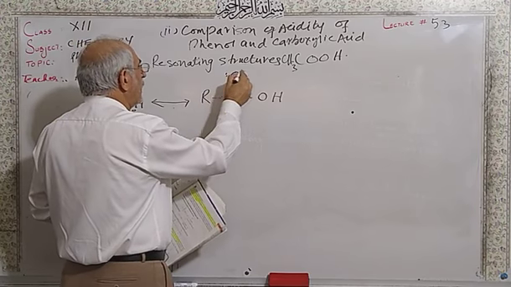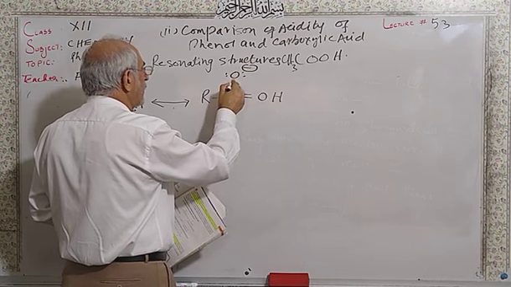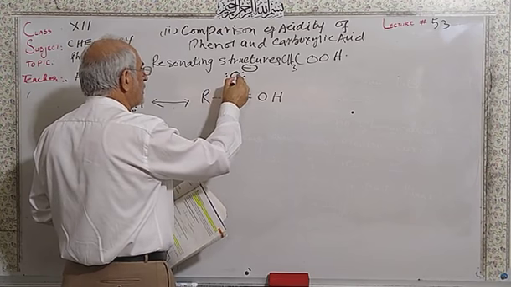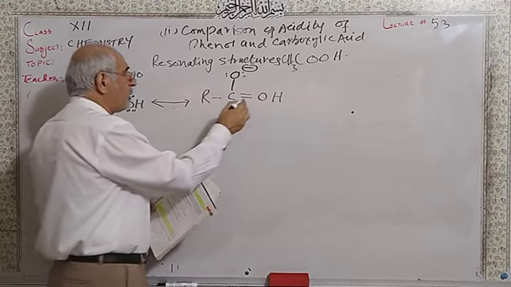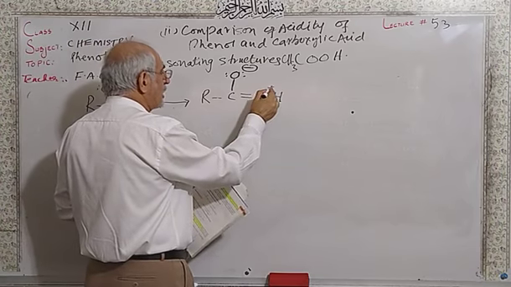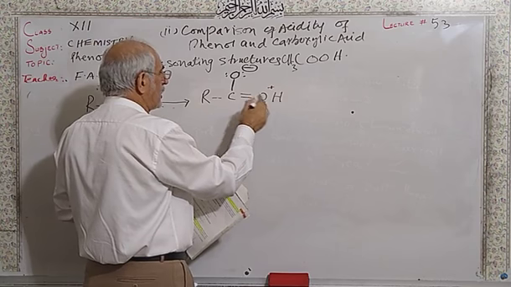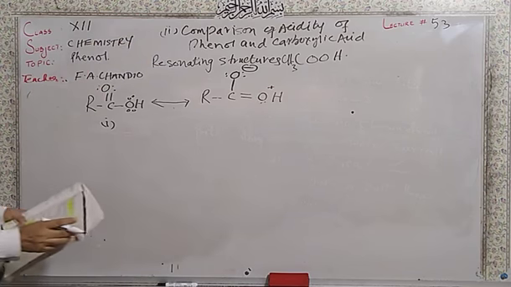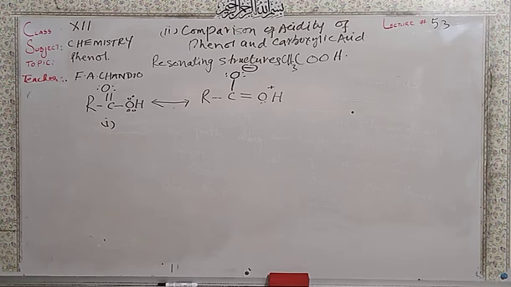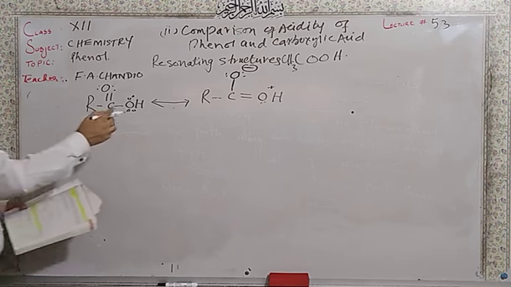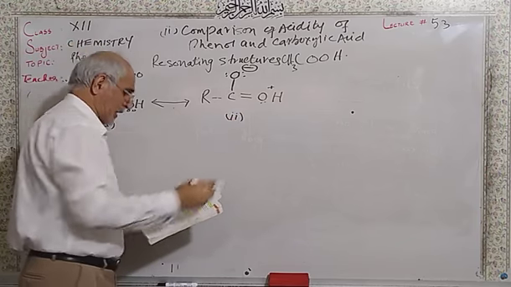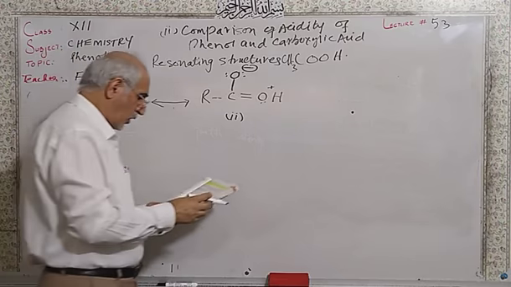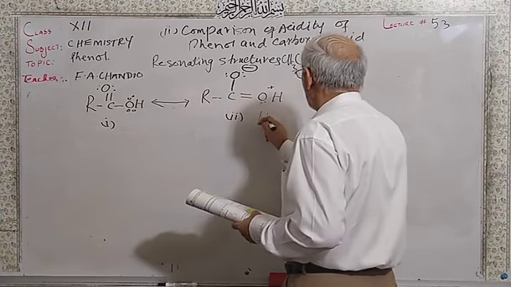That is why a negative charge is created on oxygen, and a positive charge is created here. This is the shifting of double bonds. So there are two resonating structures here involving charge separation.